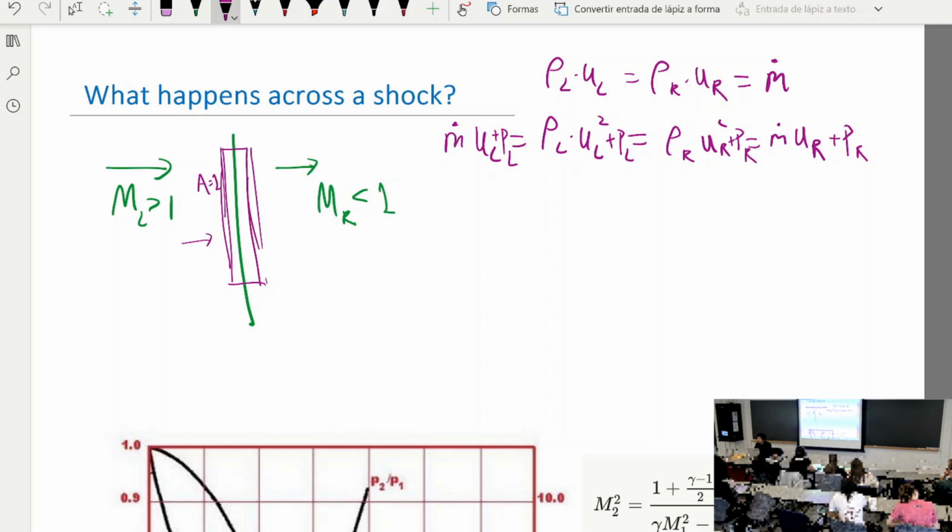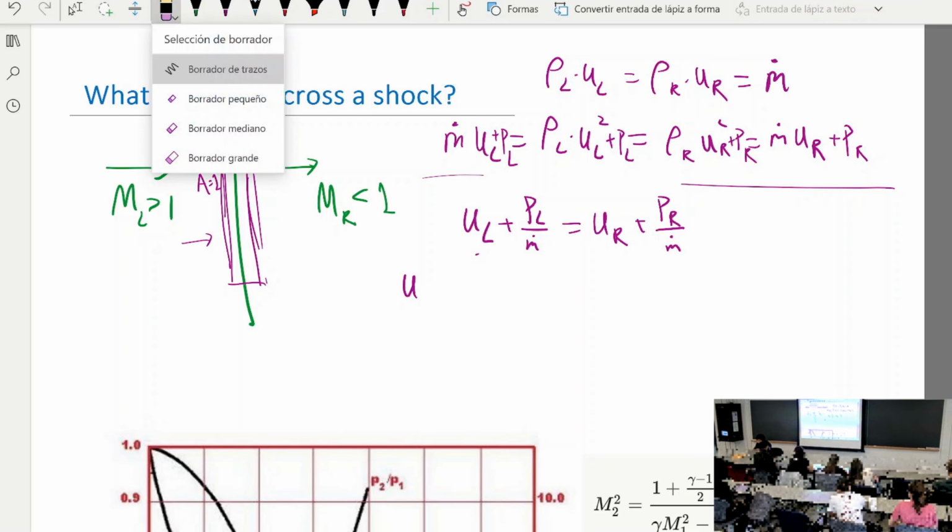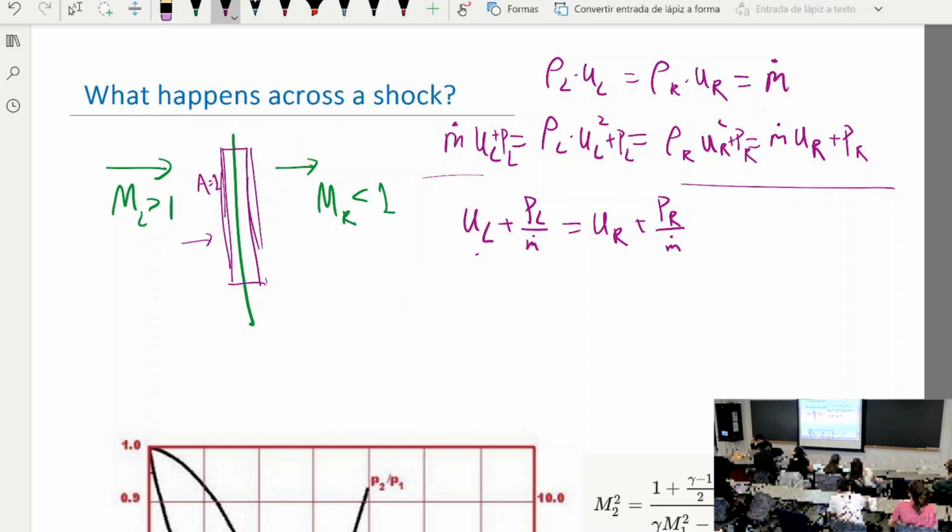Alright, so from this you can divide both sides by m dot, because it's the same. You get UL plus PL over m dot is equal to UR plus PR over the same m dot. I don't think I have time to write the whole thing, but another thing you have to use for the shock relationship is conservation of energy.